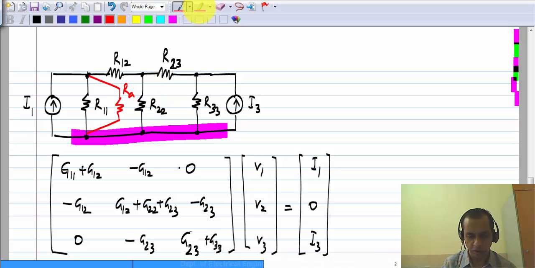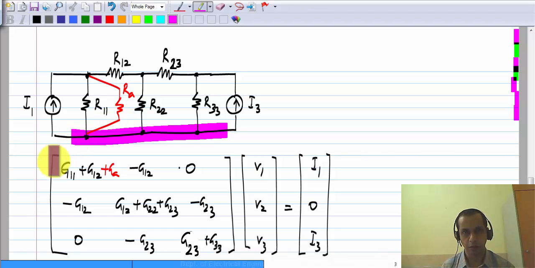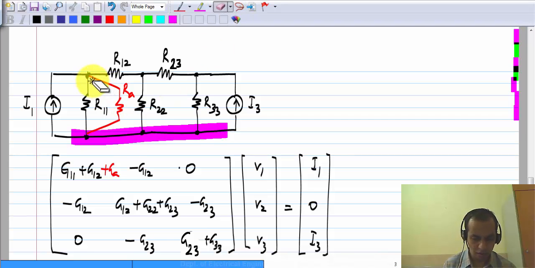If you remember what I said earlier, the diagonal elements consist of the total conductance connected to node 1. So GA will appear here. This parallel combination tells you that wherever you had G11 earlier, now you should have G11 plus GA. That's also consistent with the diagonal element being the sum of the total conductances connected to a particular node. Now let me remove this.